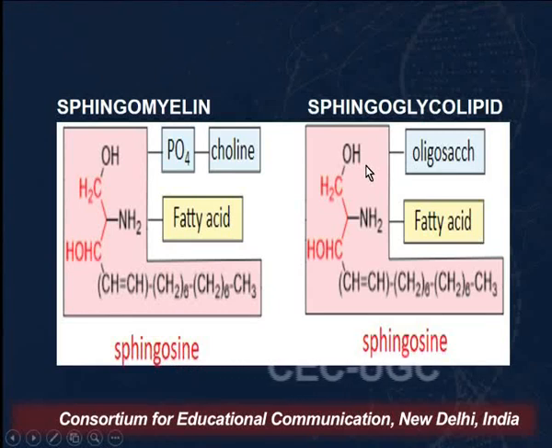So you don't have to get confused about what is sphingomyelin and what is glycosphingolipid. You just have to remember the basic structure of sphingosine, and then we will replace this H group with some other group, like phosphorylcholine in sphingomyelin, and with a monosaccharide or disaccharide or oligosaccharides or some complex oligosaccharides, which will give us glycolipids.